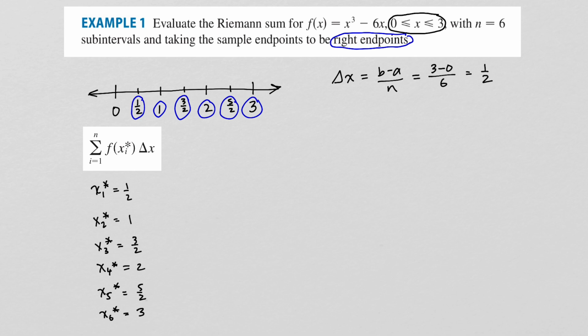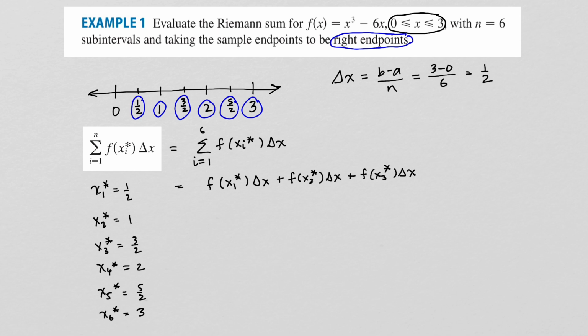So to compute the Riemann sum here, in this case, we are going to take the sum from i equals 1 to 6, f of xi star times delta x. And so in this case, that is going to be f of x1 star times delta x plus f of x2 star times delta x plus f of x3 star times delta x plus f of x4 star times delta x.